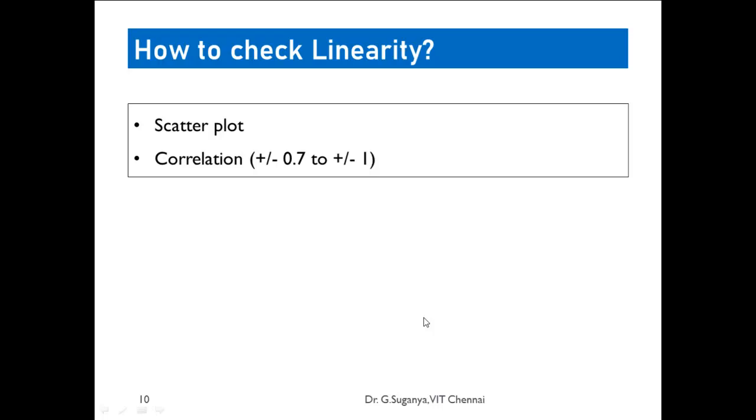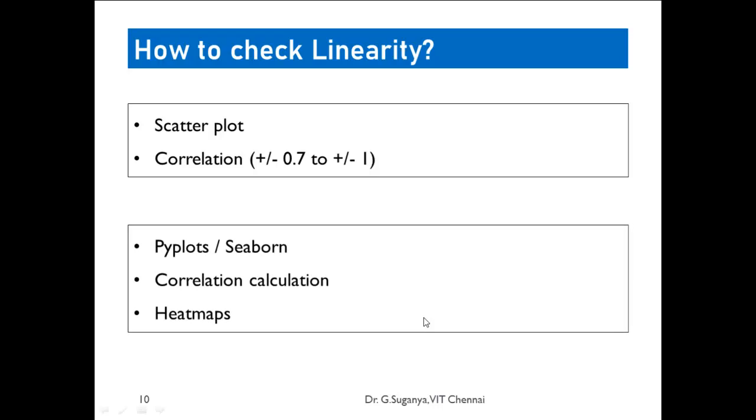We say a positive correlation between 0.7 to 1, or a negative correlation between minus 0.7 to minus 1, would be good for implementing with this linear regression algorithm. Otherwise, we say the attributes are non-linear.